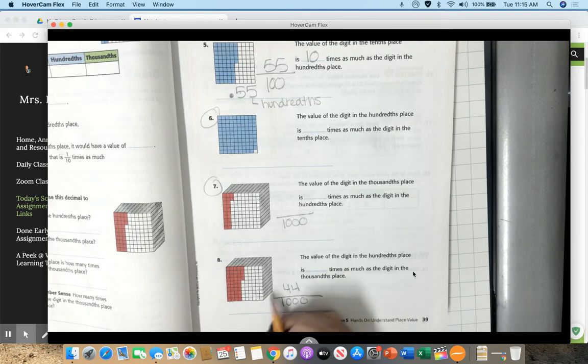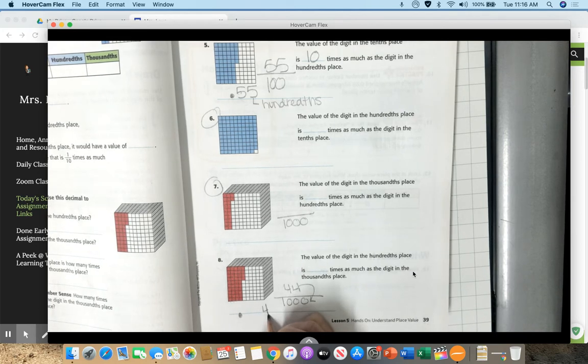So how do you read this fraction? 44 thousandths. So how do I write that as a decimal? Well, this 4 has to be sitting in the thousandths place. So if I do that, the 4 is in the thousandths. This 4 would come next in the hundredths, and then that means I have a 0 in the tenths.